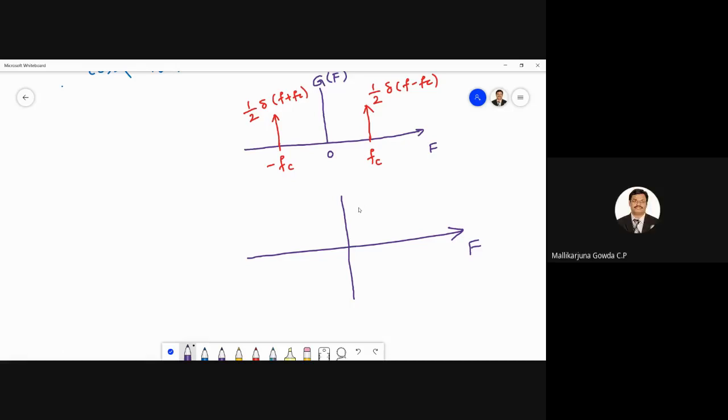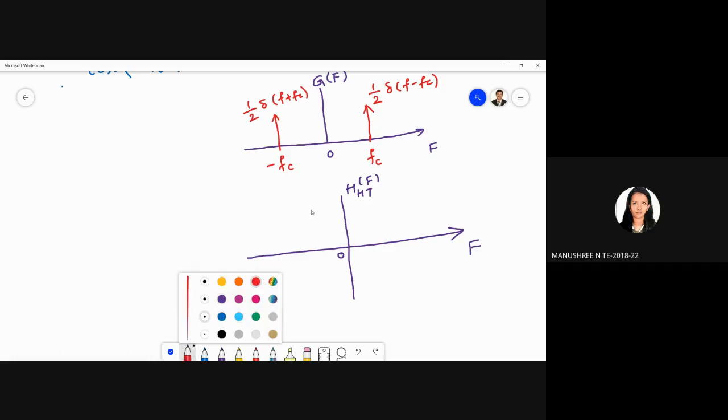Mathematically we are expressing it so. Graphically, the Fourier transform is minus j for f greater than 0, and for f less than 0, it is j.